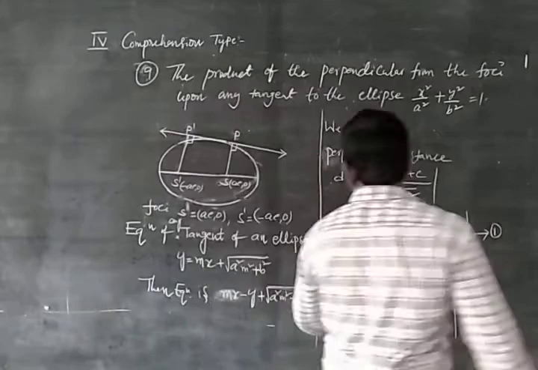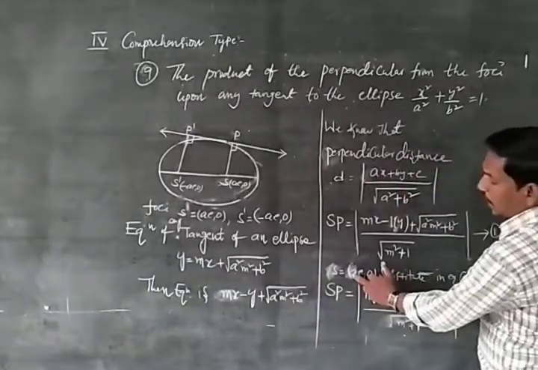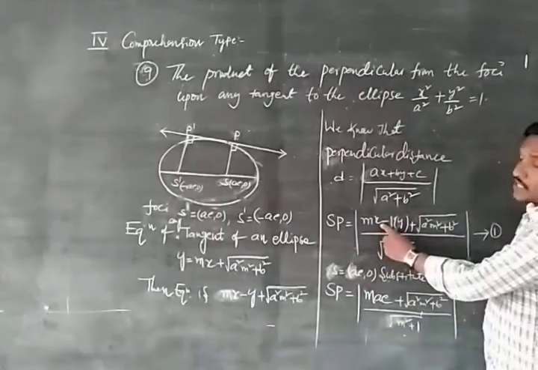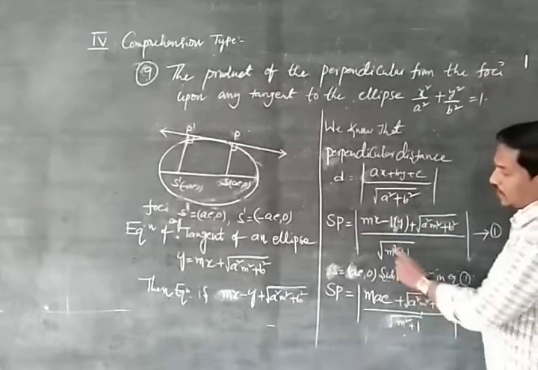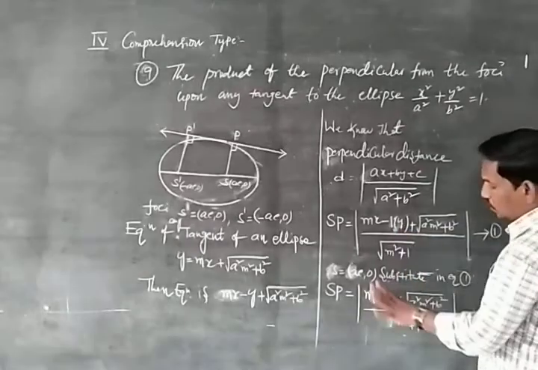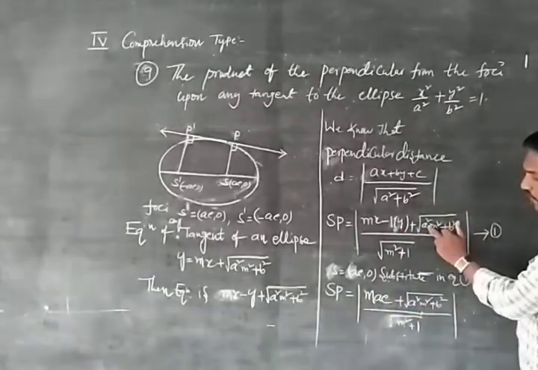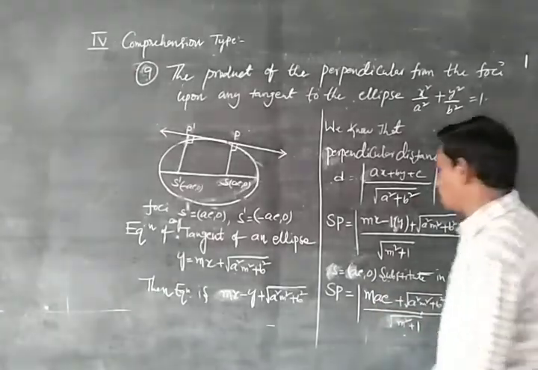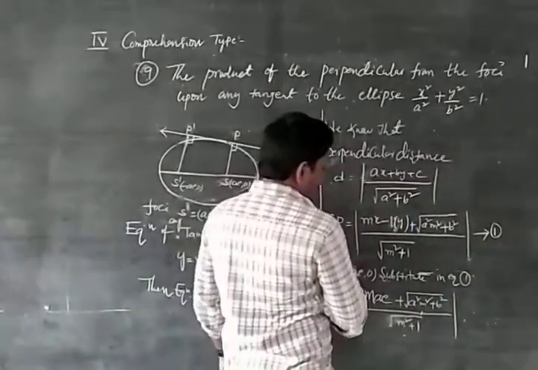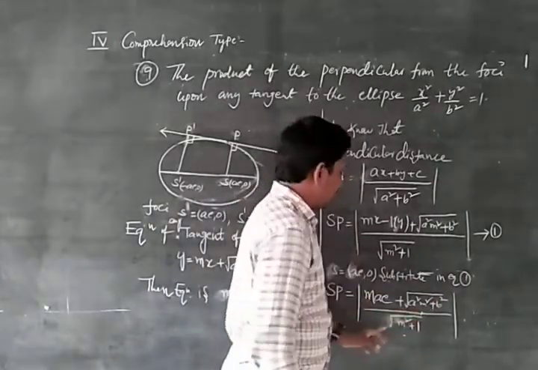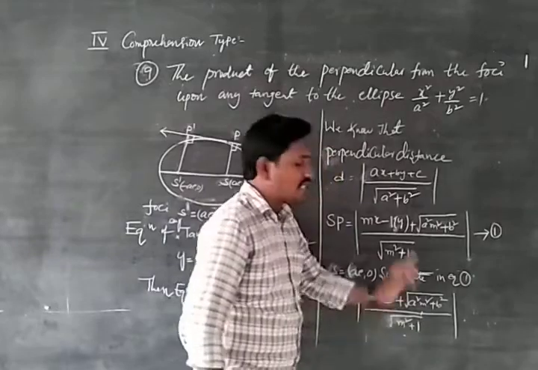After substituting AE comma 0 in the x and y places: m into AE, 0 into 1 is 0, plus root of a square m square plus b square. This is the SP value. SP equal to mod of MAE plus root of a square m square plus b square by root of m square plus 1.